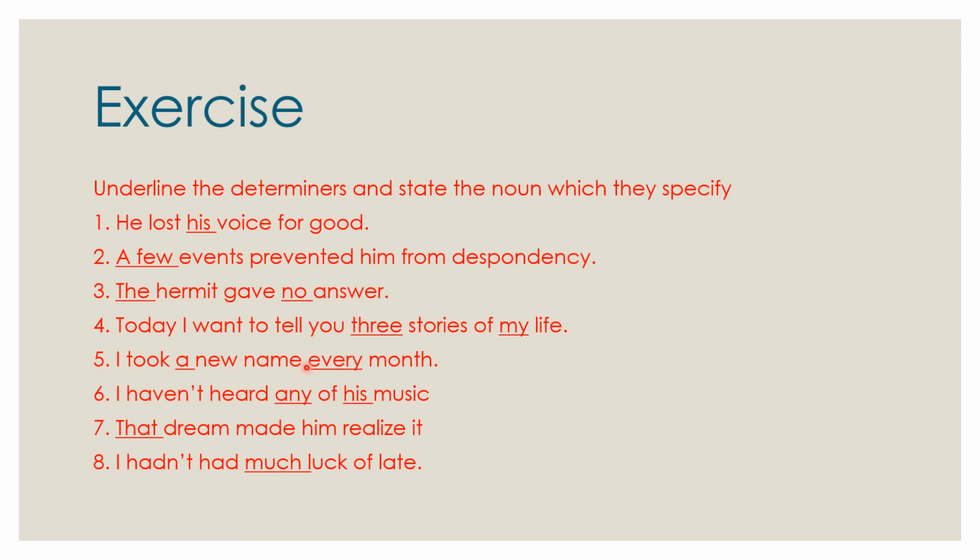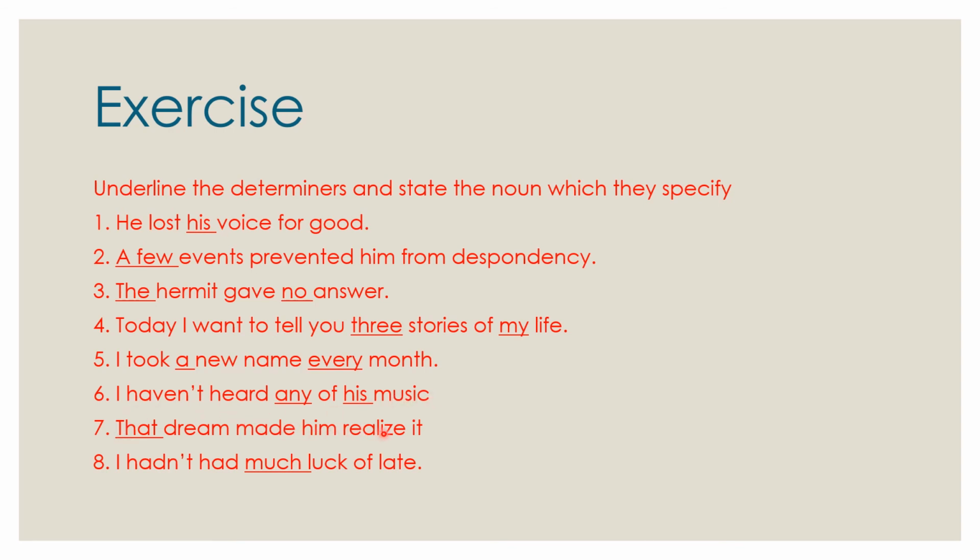I took a new name every month. A is a determiner. The noun which it specifies is name. Every is also a determiner. The noun which it specifies is month. I haven't heard any of his music. Any is a determiner and his is also a determiner. The noun which it specifies is music.